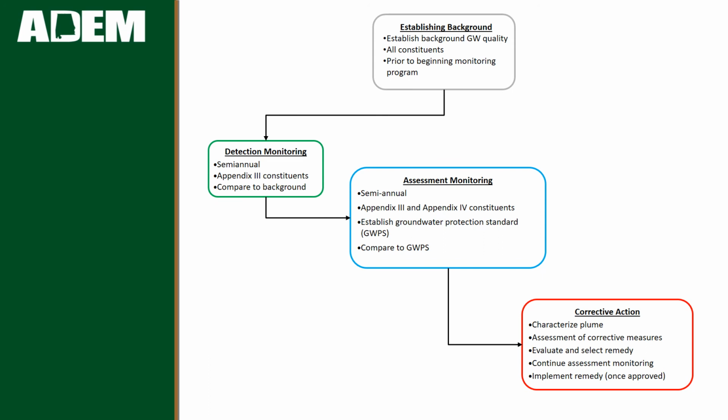Once the facility has evaluated potential remedies, they are required to submit their proposal to ADEM for evaluation. Remedies must be protective of human health and the environment, attain the groundwater protection standard, control the source of the release, and remove from the environment as much of the released material as possible.